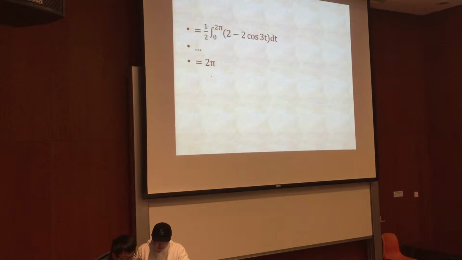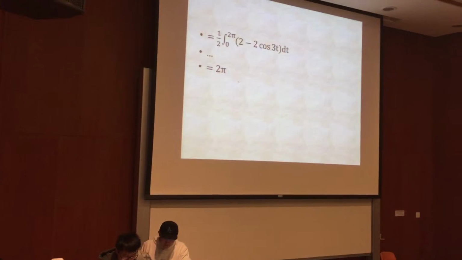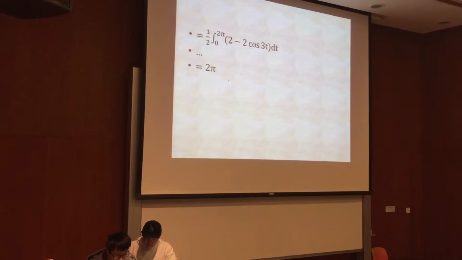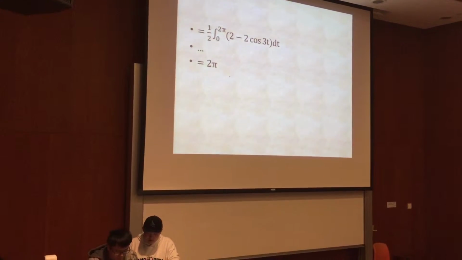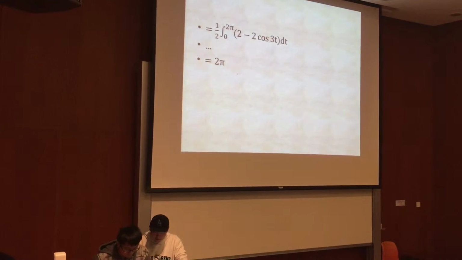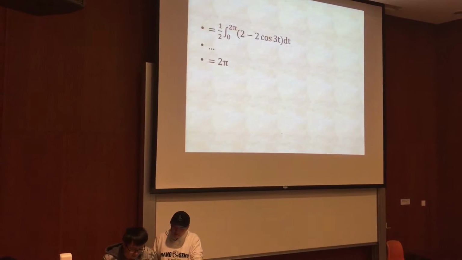For 1b, this question is pretty hard because it asks us to find the center of mass. For this question, we have to use the theorem of center of mass. I just write the equation down here.